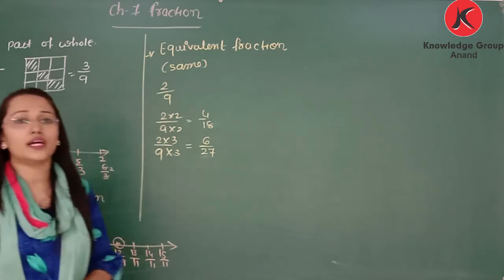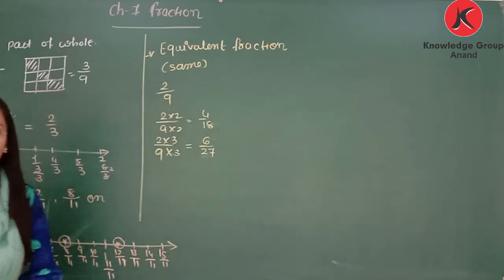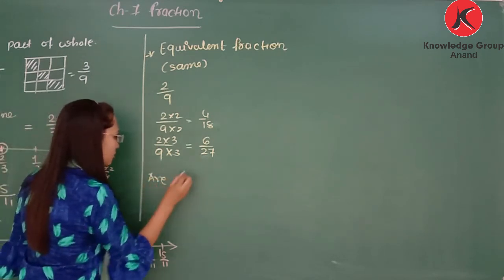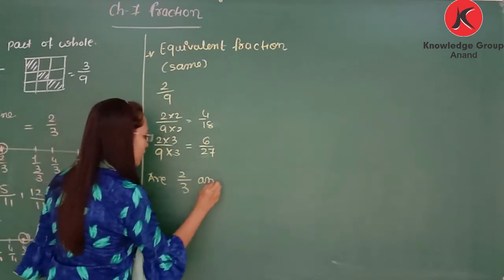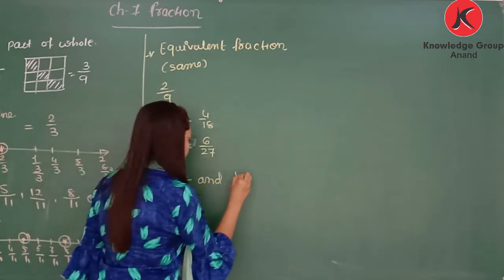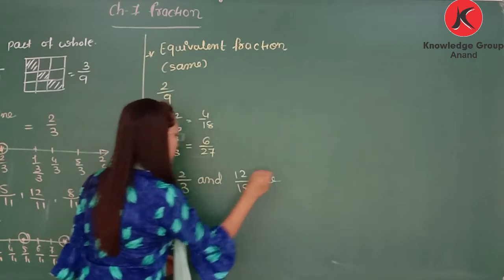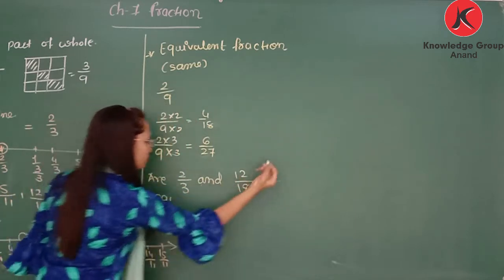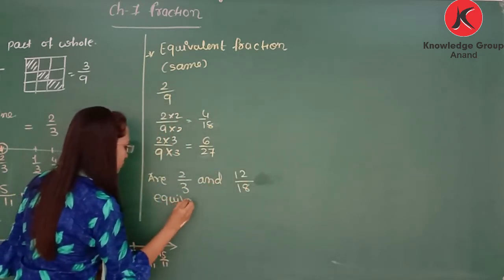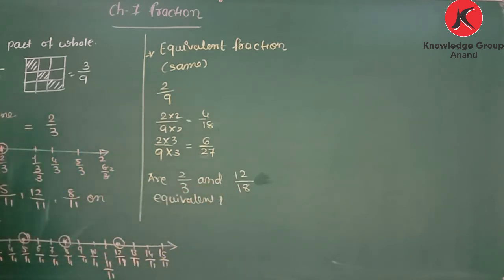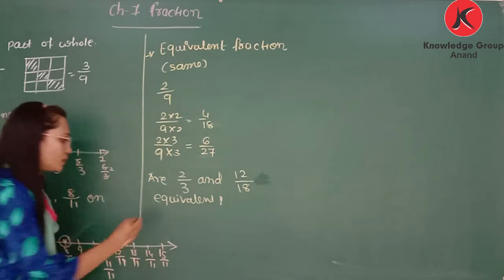Now whether two fractions are equivalent or not, we can find by cross multiplication. If the question is: are 2 by 3 and 12 by 18 equivalent or not? We can find by cross multiplication.